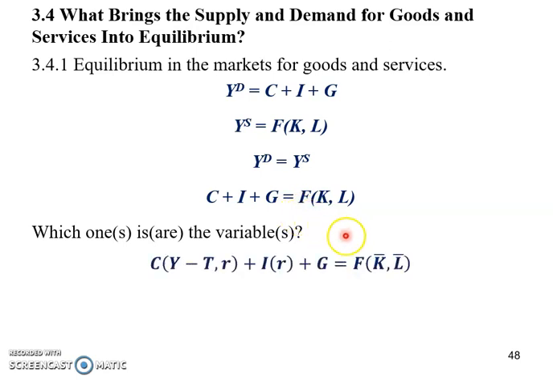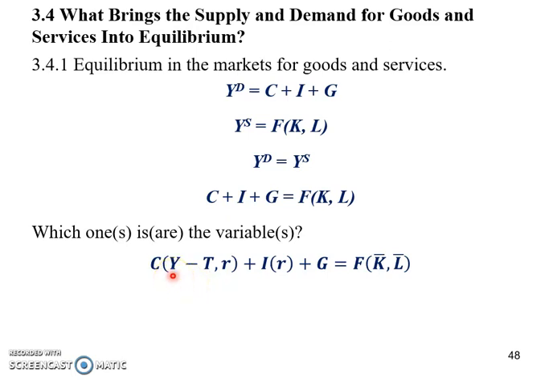And on the right hand side, we still keep these assumptions we made before. So capital and labor are fixed, and even the production function itself is fixed. That's why we put these overhead bars, to remind ourselves that these are constants. K bar, L bar are constants, and G and T are also constants.